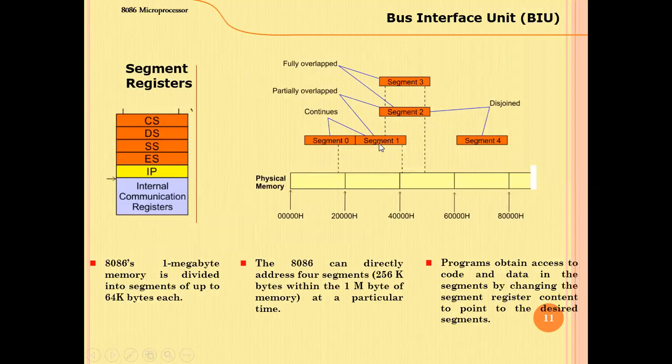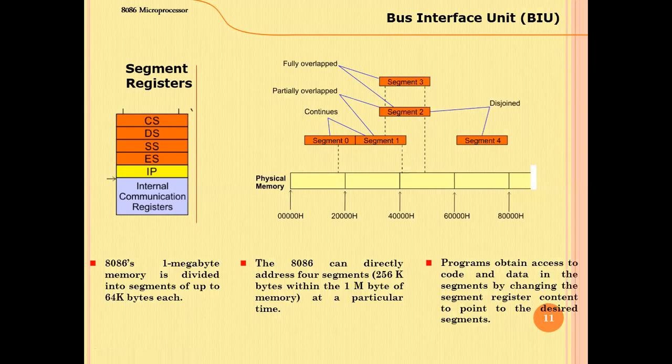Whereas segment 1 and segment 2 are partially overlapped, segment 2 and segment 3 are fully overlapped, and segment 0 and segment 1 are called continuing, continuing from one segment to another segment.